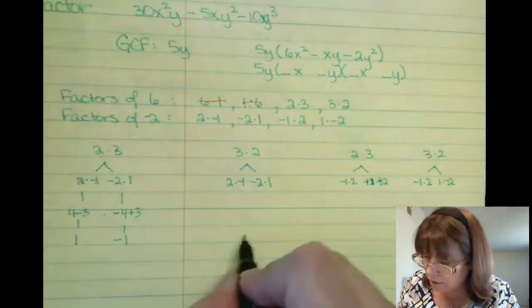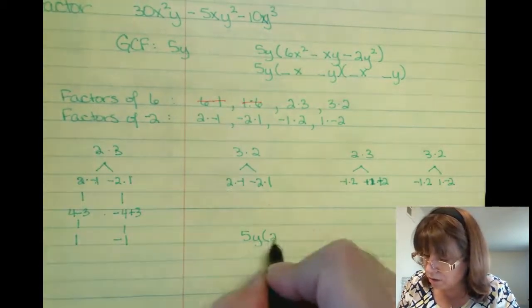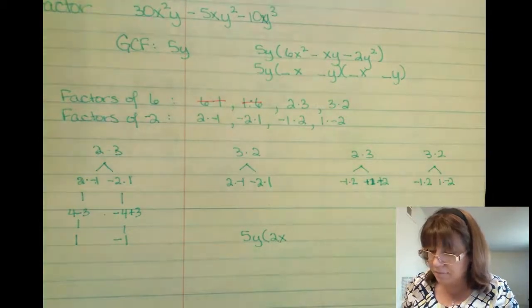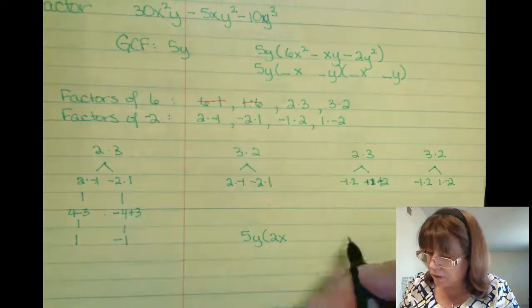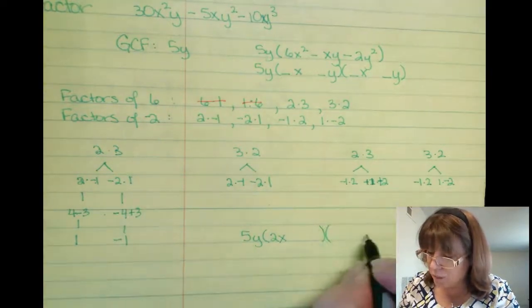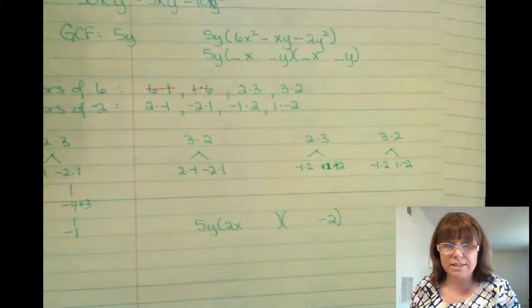Here's how I do it. 5y times 2x. But the 2 multiplied with the negative 2, so those are my extremes. That goes on the outside.